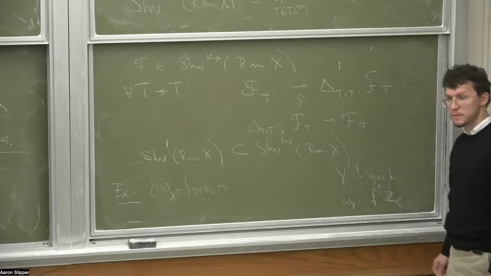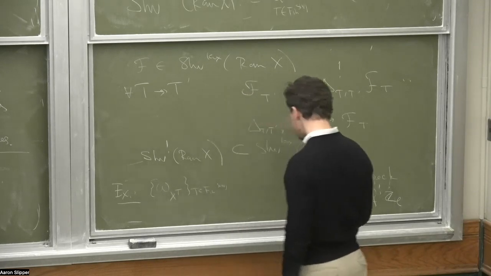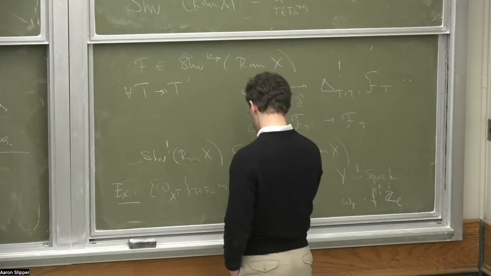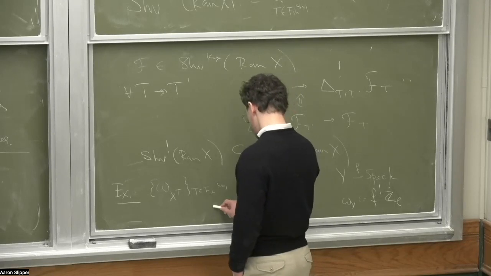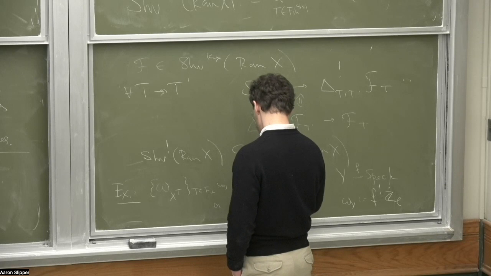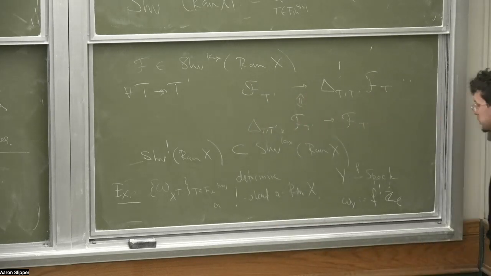Right, and now I have this collection of objects, and they determine a strict sheaf of the index.